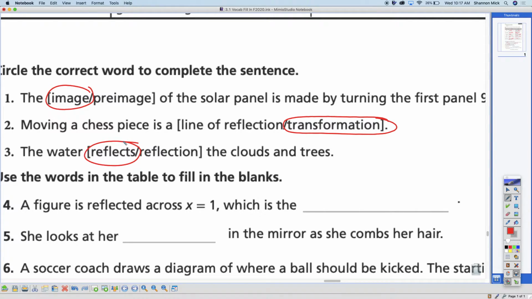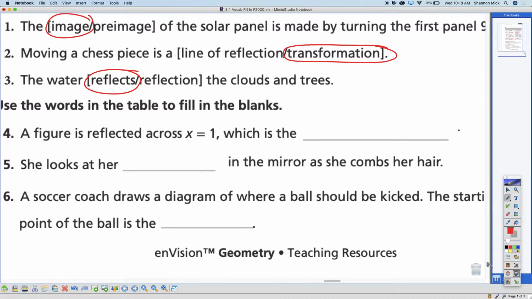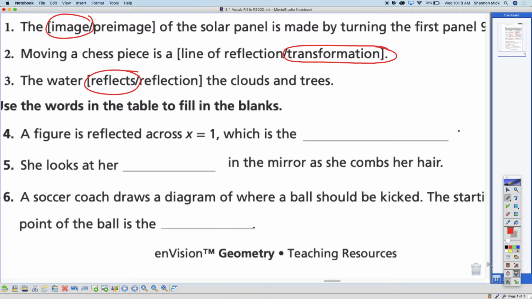Okay, now we have to fill in some words. And we're going to use the words from the top. A figure is reflected across x equals 1, which is the line of reflection. Okay, because x equals -1 would be that line of reflection, correct?